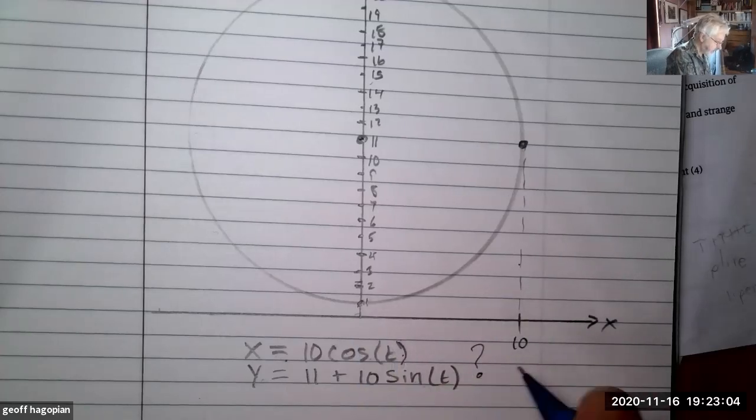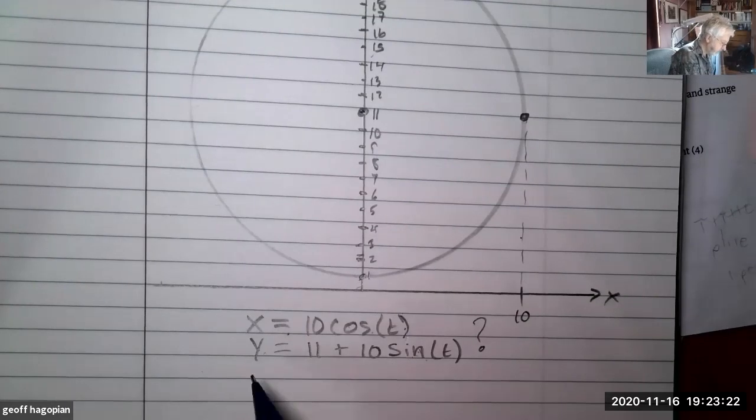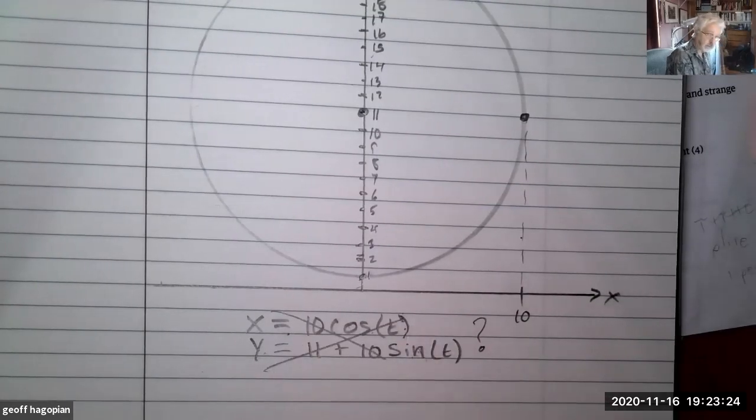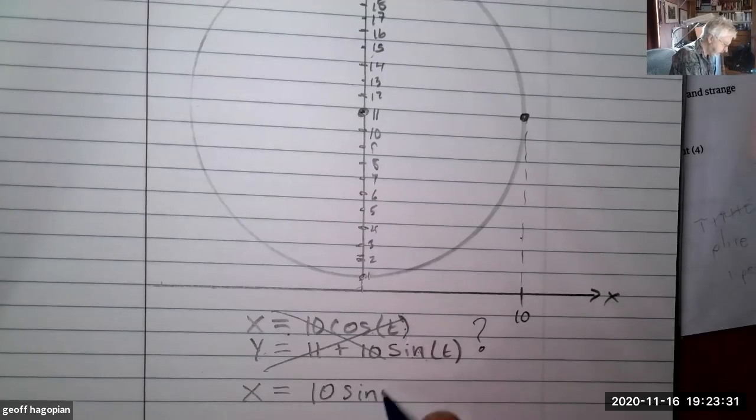So what we can do to fix this is to swap these guys and subtract. So I'm going to modify this, okay? I'm going to say x is going to be the sine. So it starts at 0.